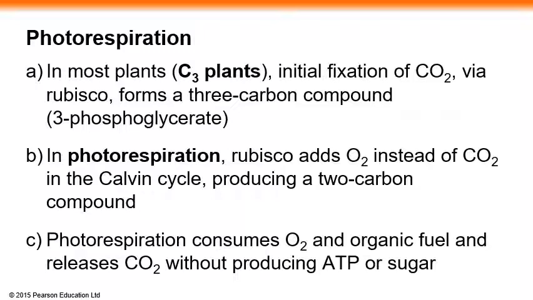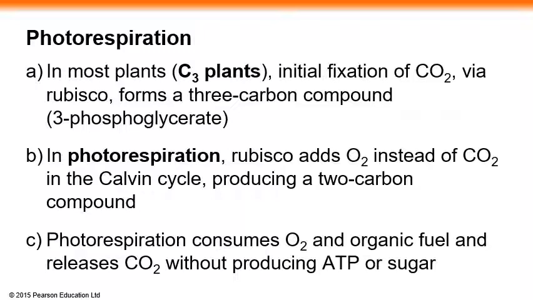In photorespiration, Rubisco adds O2 instead of CO2 in the Calvin cycle, producing a 2 carbon compound. Photorespiration consumes O2 and organic fuel and releases CO2 without producing ATP or sugar.